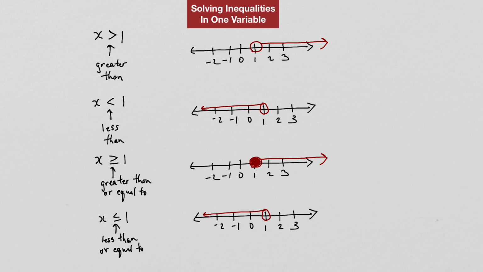It'll look just like the second one, except we're going to fill in this circle. So when you have this or equal to scenario, that means the dot is filled. When you just have the greater than or the less than, you have an open circle, and then you specify the direction.